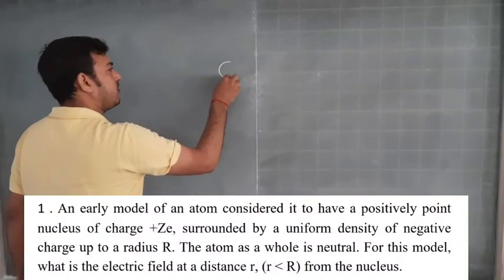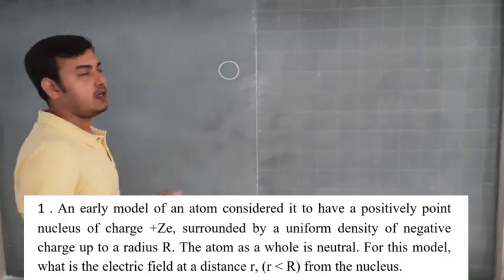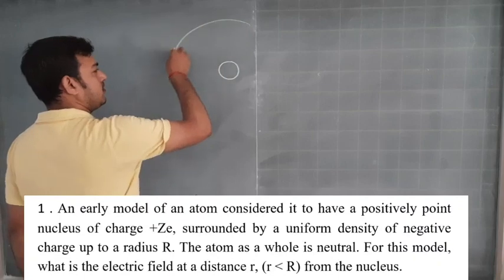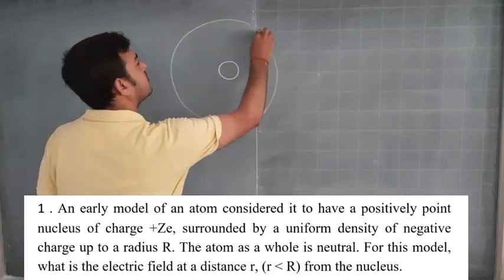So you know that in an atom there is a positively charged nucleus surrounded by the electron cloud.